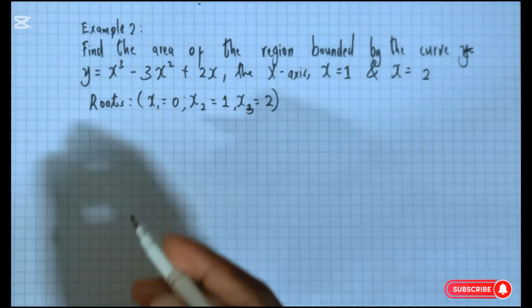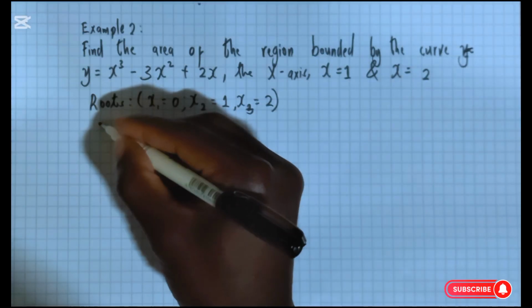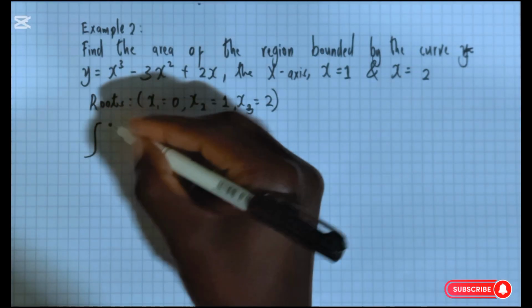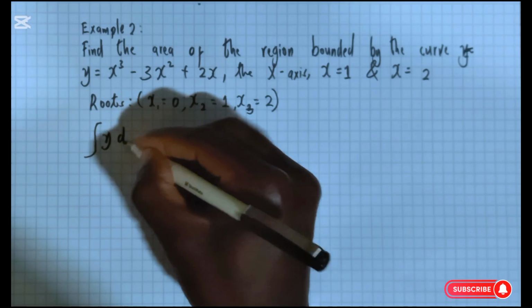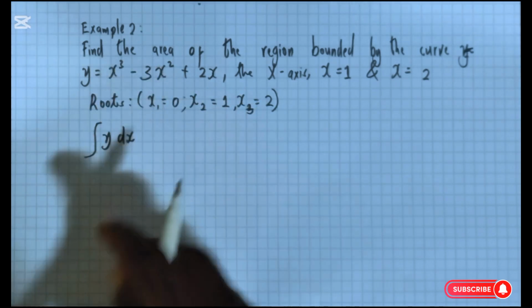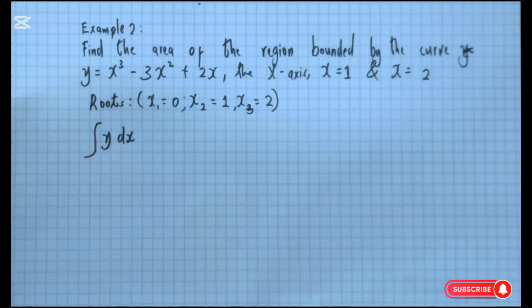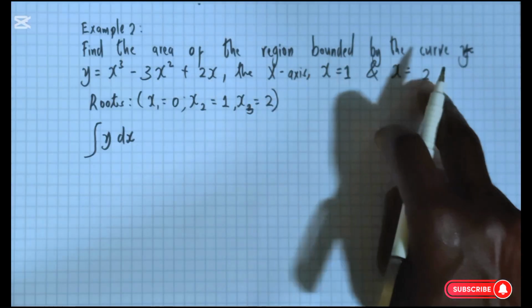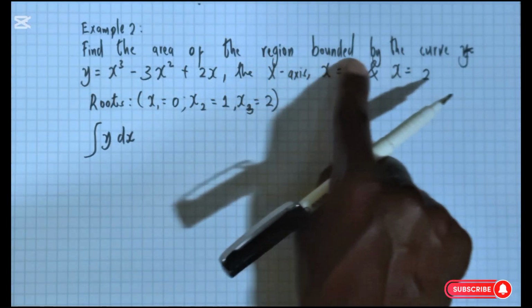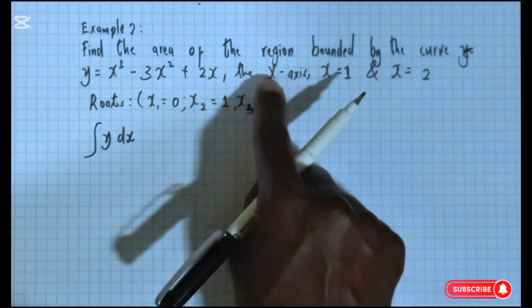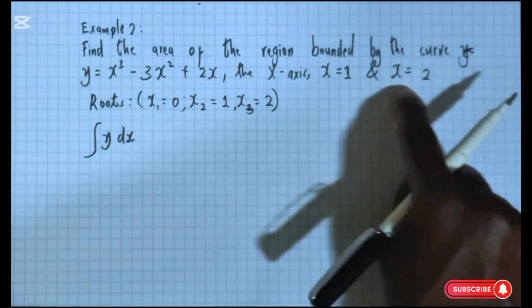To solve this particular problem, we are going to find the definite integral of y dx, that is the equation y with respect to x, with the limits that have been given here, 1 and 2. Remember, we're supposed to find the area of the region bounded by the curve y, the x-axis, x = 1 and x = 2.